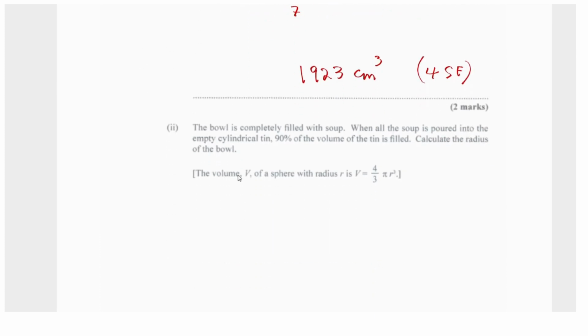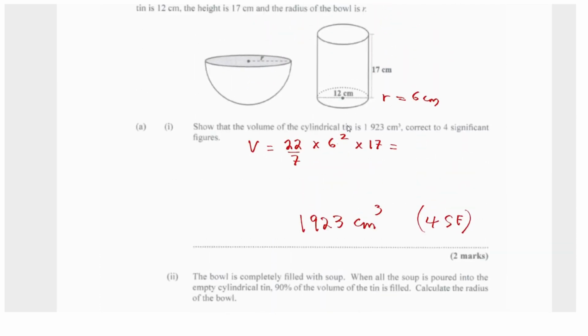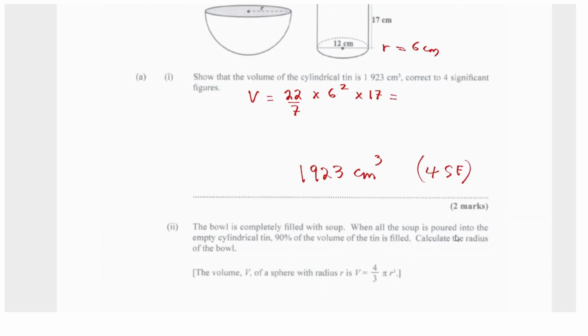Okay, so the bowl here is completely filled with soup. When all the soup is poured into the empty cylindrical tin, 90% of its volume is filled. Calculate the radius of the bowl.